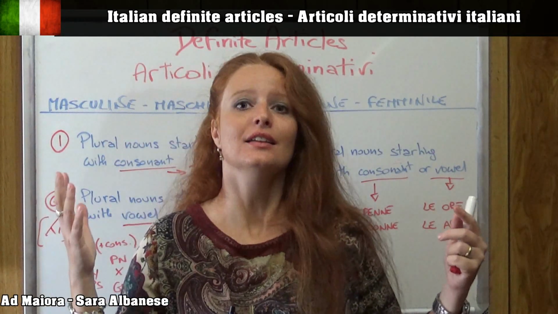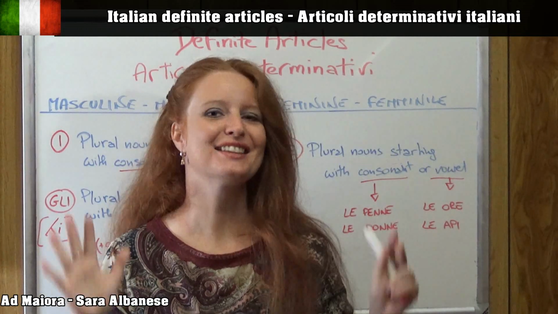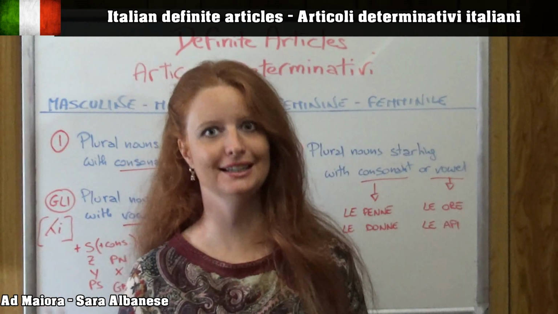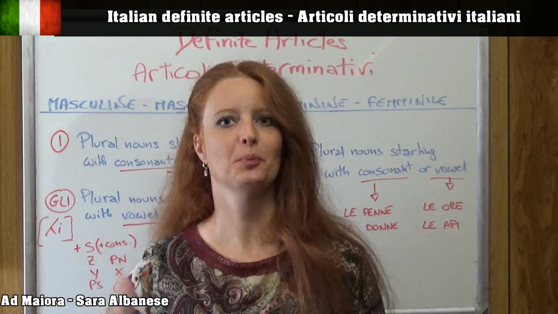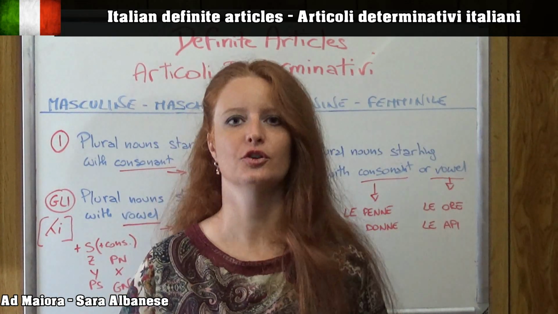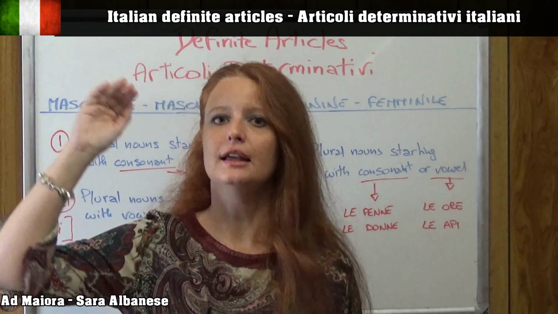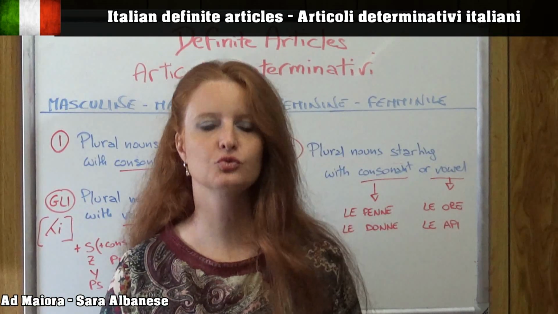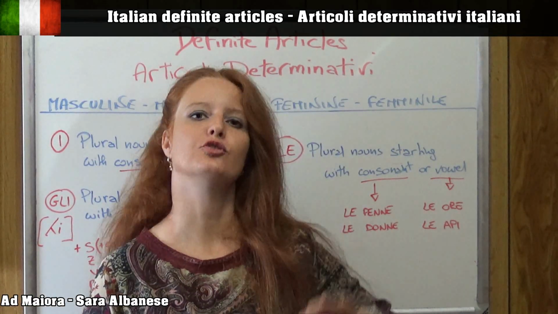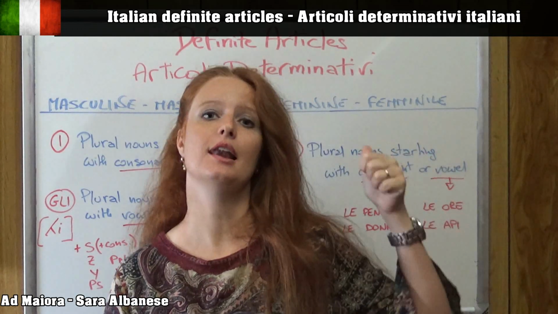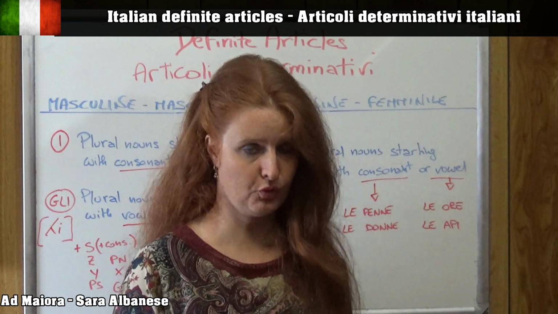Okay, that's all for today. That's all about definite articles or articoli determinativi, okay? So masculine and feminine. For the singular nouns, you have il, l' with apostrophe, or lo. And for the feminine nouns, when they're singular, you have la or l' with apostrophe.